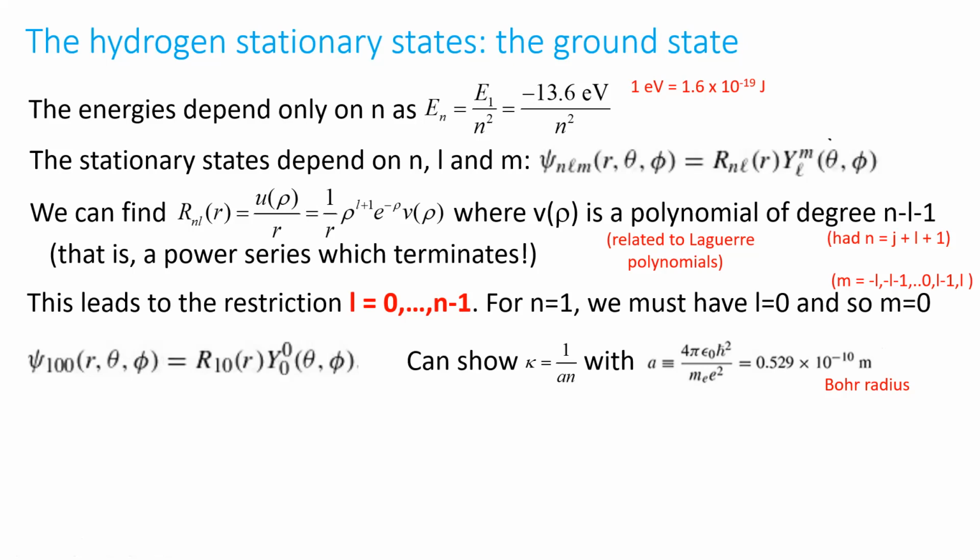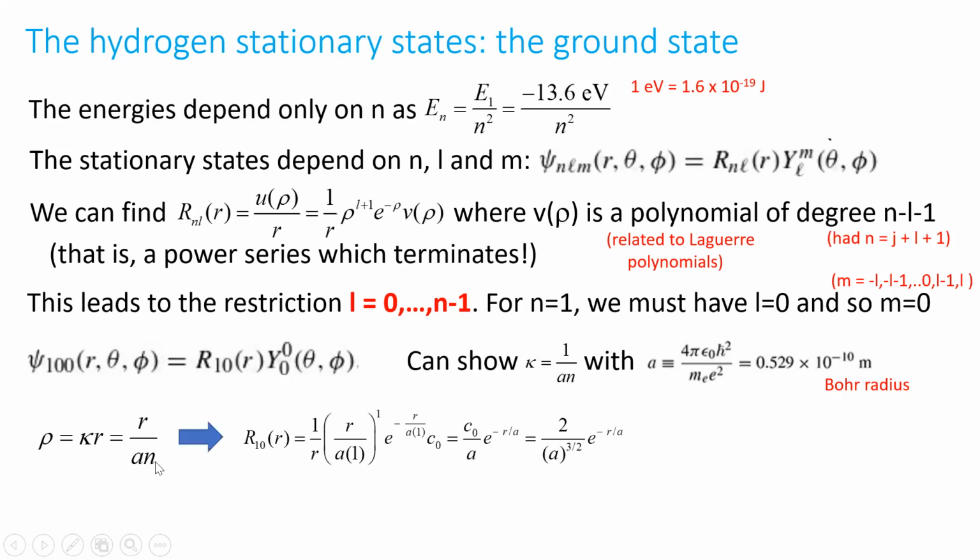Okay, so then we can write rho was kappa times r. That's how it was defined. But if kappa is 1 over an, rho will be r over an. So now we can put in for v of rho, we can put in r over an and get things in terms of r.